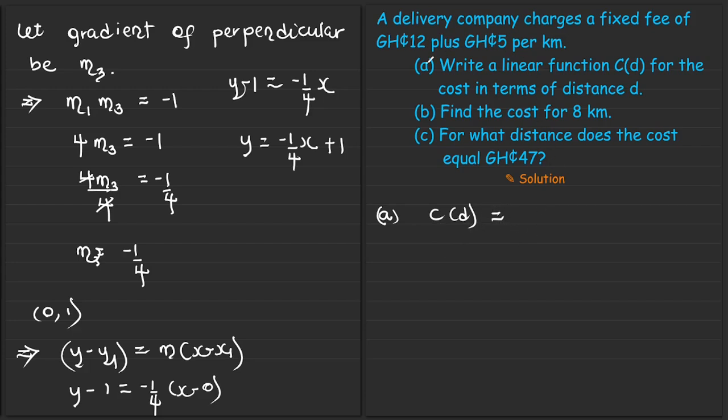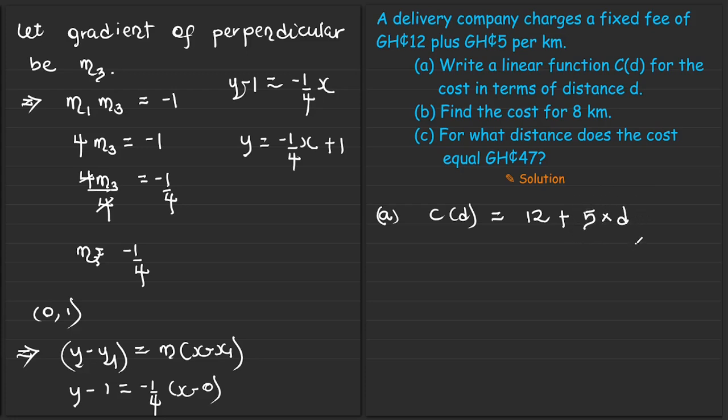It said a delivery company charges a fixed fee of 12, plus 5 cedis per kilometer, so 5 times the distance. If the distance is 1, it's going to be 5 times 1.